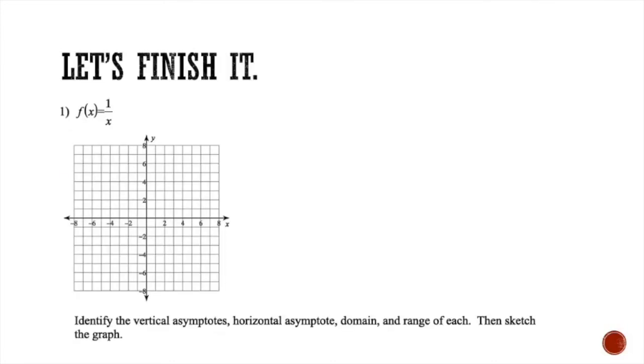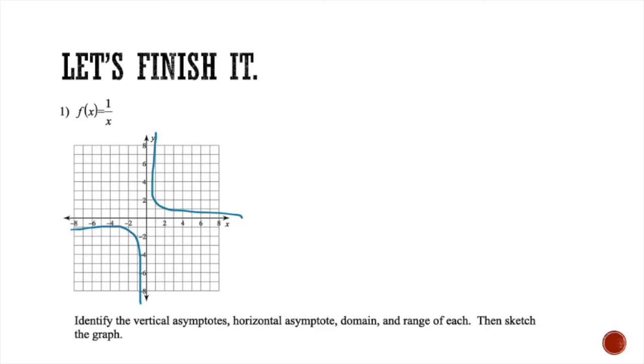All right, let's do some. The instructions on your paper say to identify the vertical asymptotes and horizontal asymptotes. We have done that. The domain and range, we're going to do now, and we've already sketched it. Based on the sketch that you've already made, these things do not touch the vertical and horizontal asymptotes, which are the x and y axis.